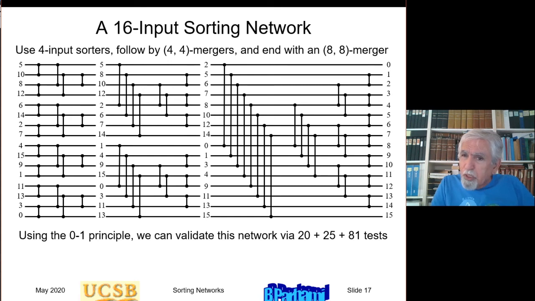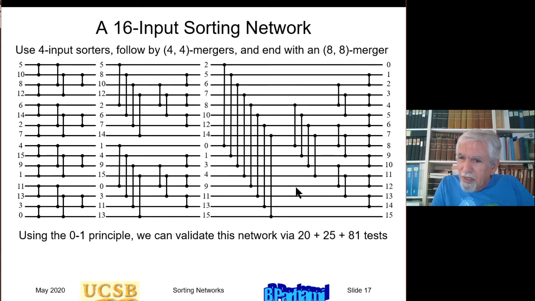Okay, 4 zeros, 0001, 0011, 0111, and 1111. There are 5 possibilities for a sorted sequence of length 4 consisting of zeros and ones. So for each of these inputs, I applied those 5 possibilities. That's why I have 25 tests there.